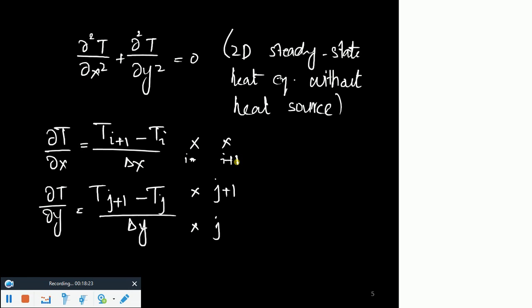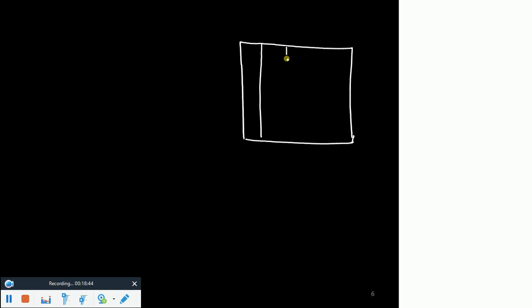Okay. Now you know that if you are talking about 2D steady state heat transfer phenomena, let's assume that this is the plate, a very simple plate. I discretize this whole surface into small rectangular elements.